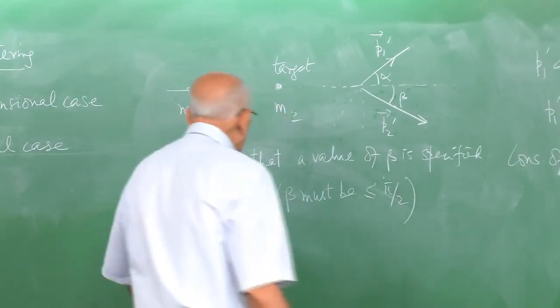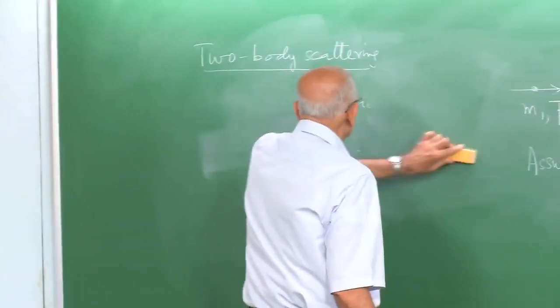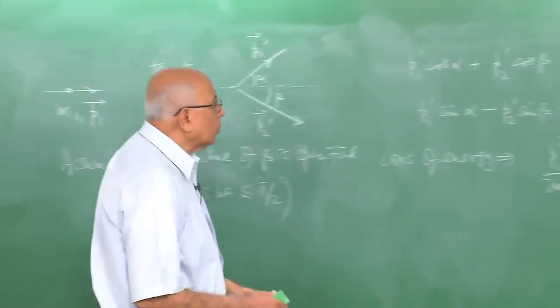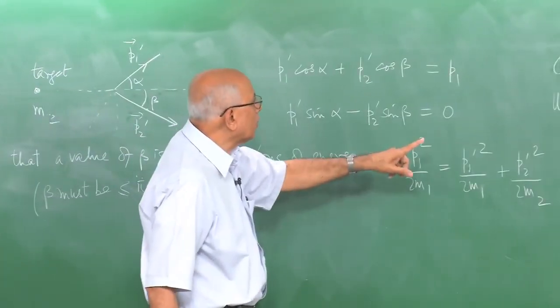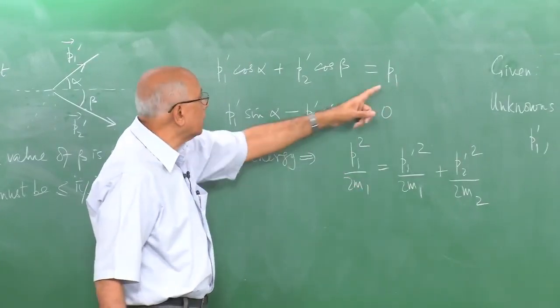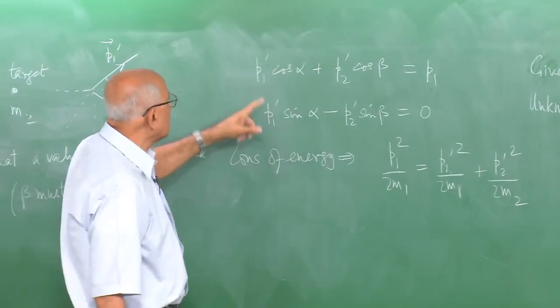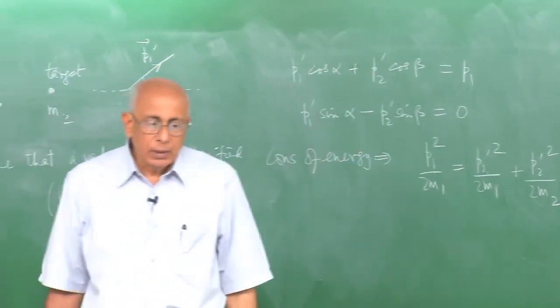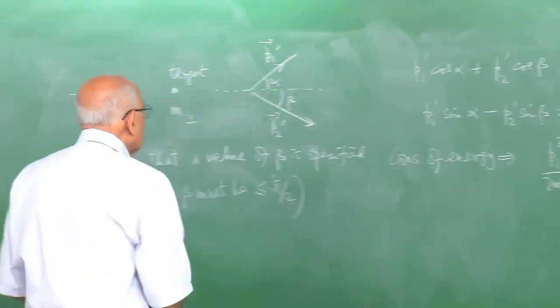But first, a little bit of simplification of the algebra. Can we erase this? Follows at once, because again you see the only quantity of dimensions momentum is P1 among the given variables. Therefore it's clear immediately from this that P1 prime and P2 prime must be proportional to P1. So let's make life simpler.